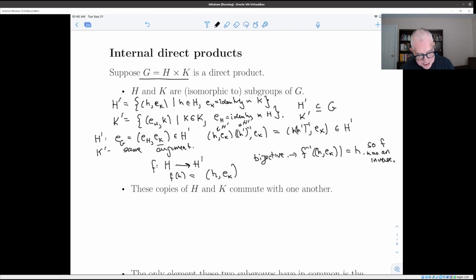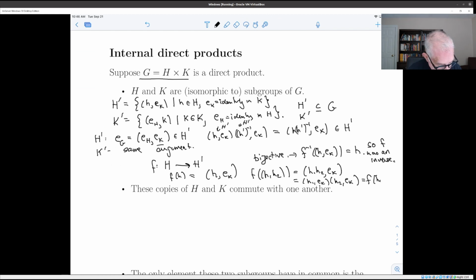And it's an isomorphism because if you apply f to h1 h2, well, on the one hand, that's (h1 h2, e_K) by the definition of f, but that's the same as (h1, e_K) times (h2, e_K) by the definition of the group law, and that's f of h1 times f of h2.